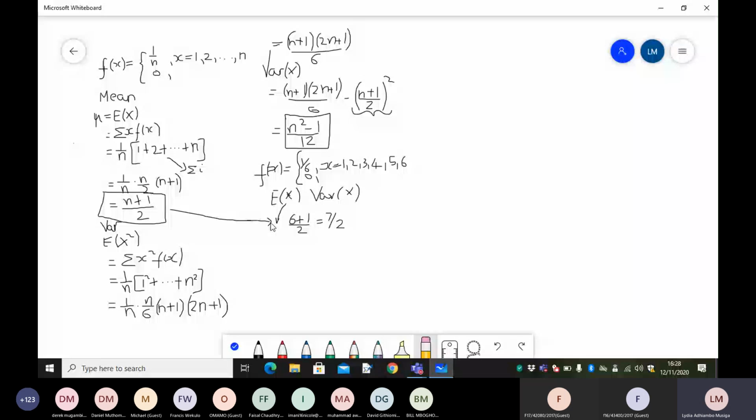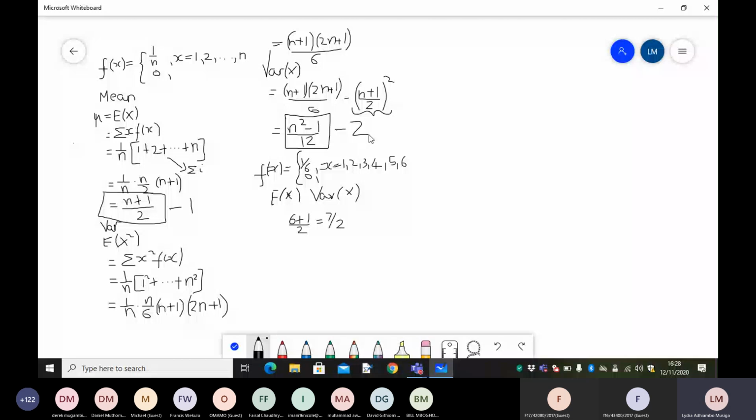Maybe it's better to give the numbering. We can say that this is equation 1, and then the other one is equation 2.